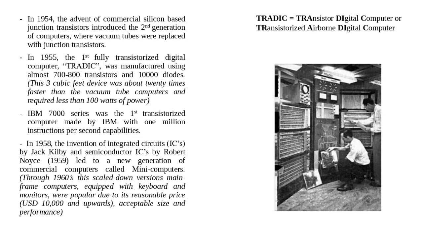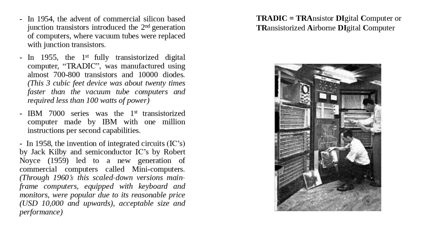In 1955, the first fully transistorized digital computer, TRADIC, was manufactured using almost 700 to 800 transistors and 1,000 diodes. So silicon-based devices like diodes and transistors actually helped make the revolutionary change.